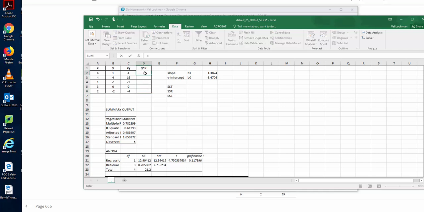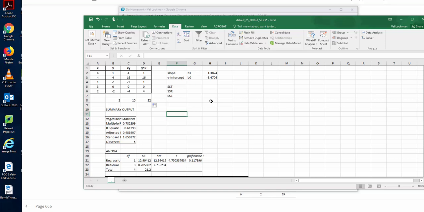Similarly, I'm going to find y squared, drag it. In addition, I'm going to find the sum of all values in these 3 columns. So the sum of y's, then the sum of xy, and the sum of y squared. Okay, so these numbers right here I will need at some point to compute these quantities.